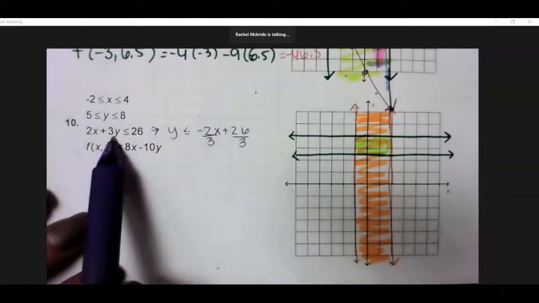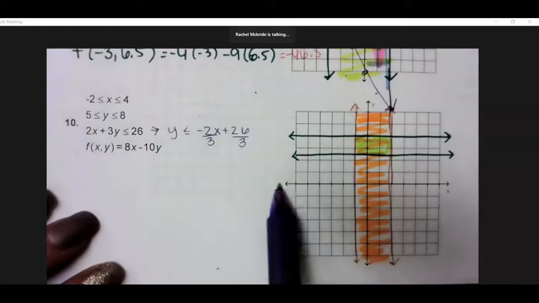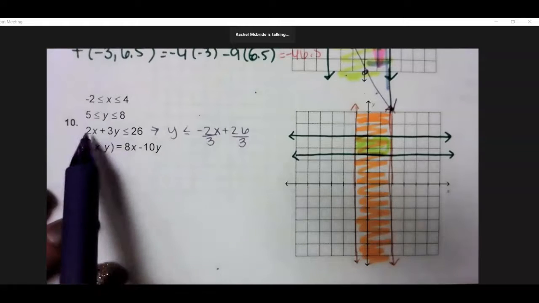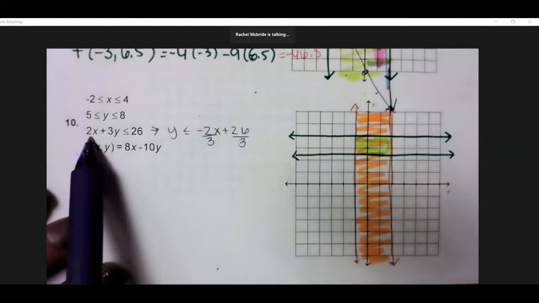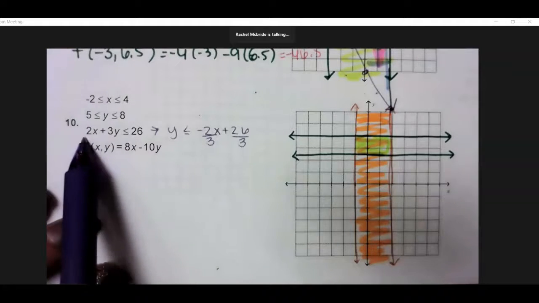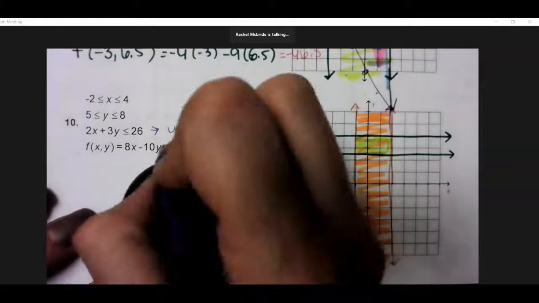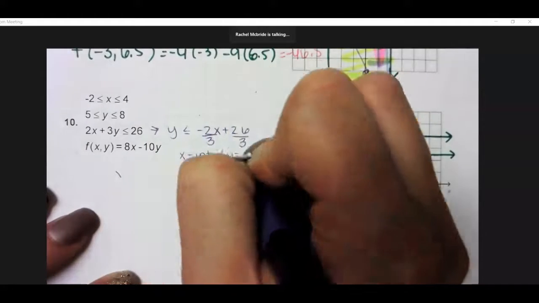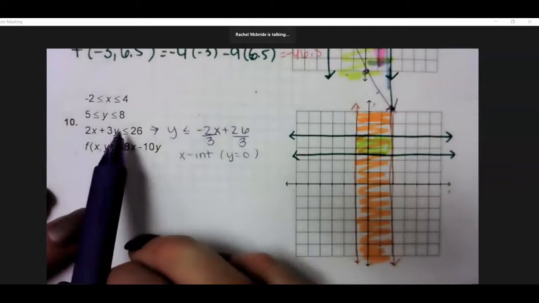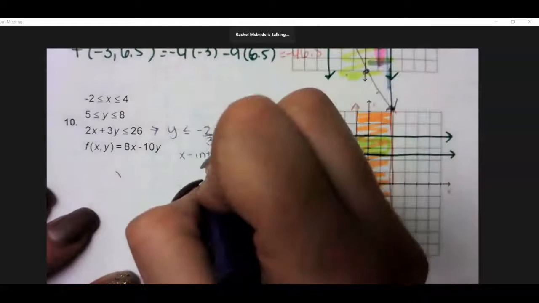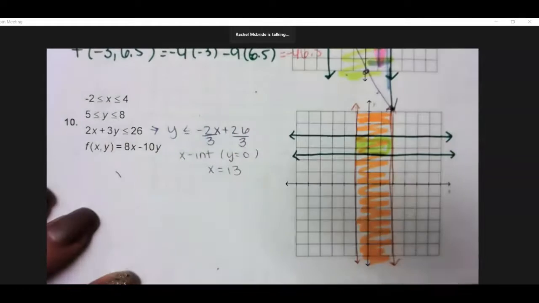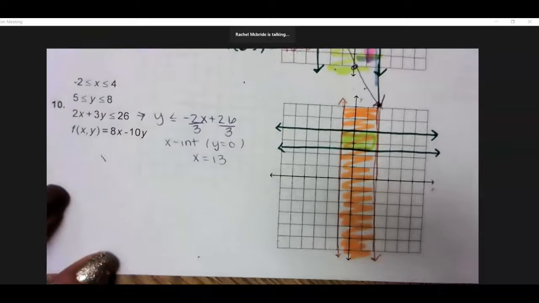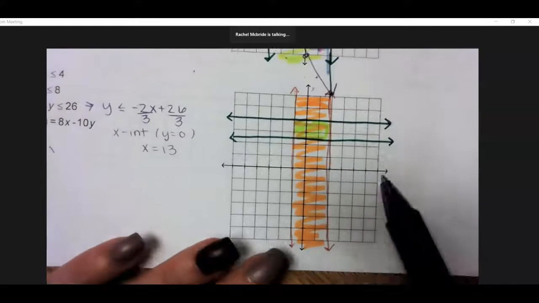However, if I plug in 0 for Y, that would put me on this line right here. I could find my x-intercept, and my x-intercept would be a nice starting point. So your x-intercept would occur when Y is equal to 0. And in this case, if Y is 0, then the x-intercept is 13. So it might be easier to plot or start at that type of point.